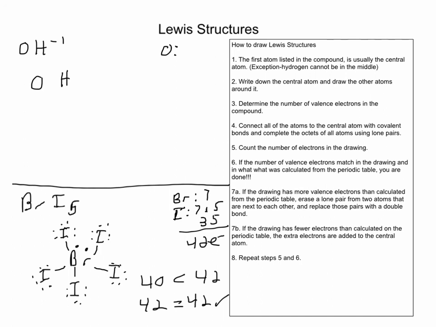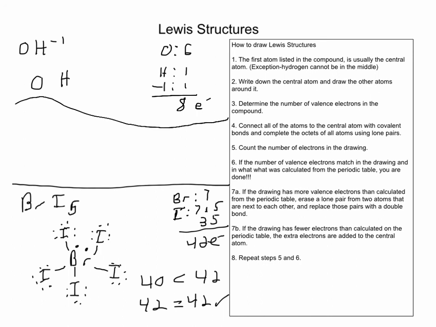So oxygen has 6 valence electrons, and hydrogen has 1 valence electron, and this -1 charge here tells us that we actually have 1 more electron in our Lewis structure. So here our total is actually going to be 8 valence electrons instead of 7.